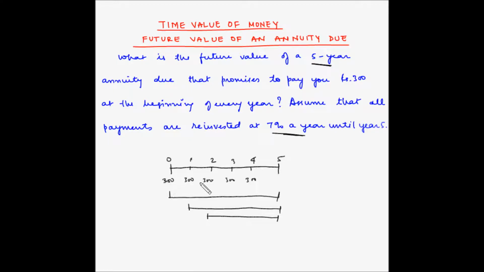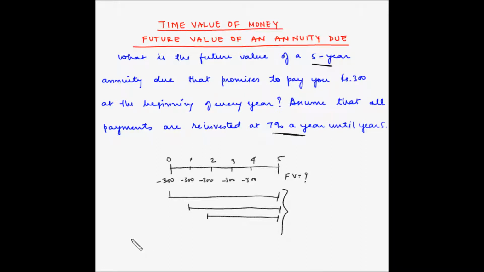So basically this 300 becomes an outgoing money from our pocket because these are being reinvested at 7% a year. So let me put a negative sign here indicating that these are outflows from our pocket. And finally, we have to find out what this total comes out to be. So what is the future value after investing all of these at 7% per annum until the 5th year?